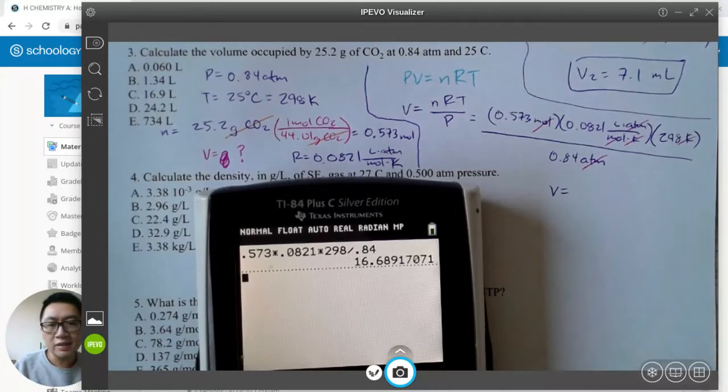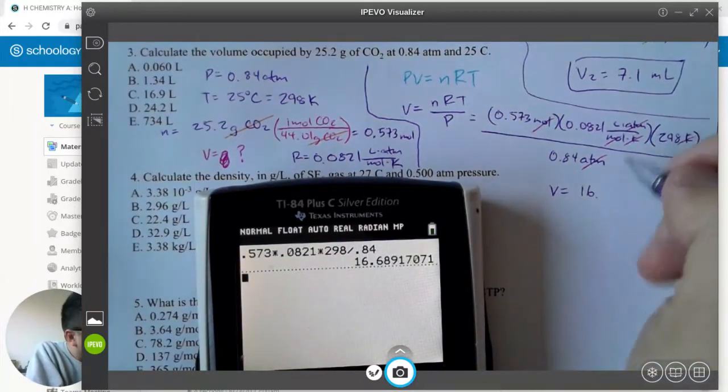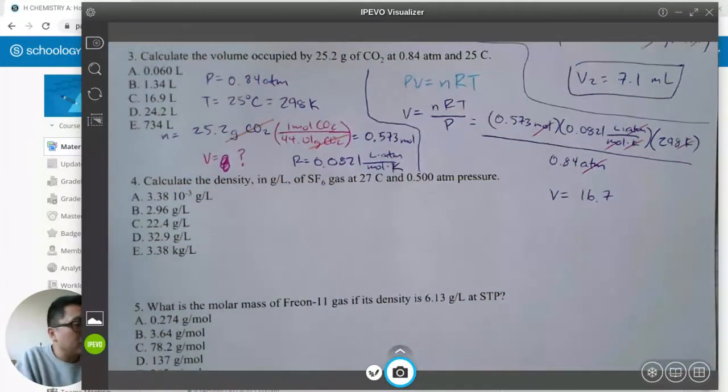I got 16.7, 16 point, oh, I'm sure I rounded something weird. 16.9. I probably rounded somewhere weird, but 16.7. I'm sure I plugged in something wrong somewhere.